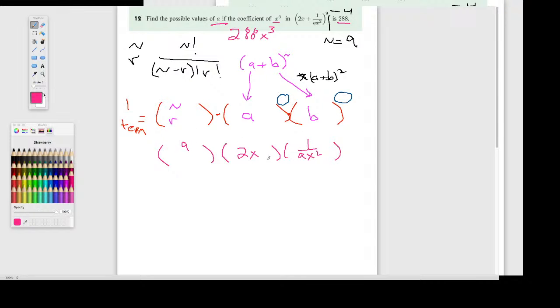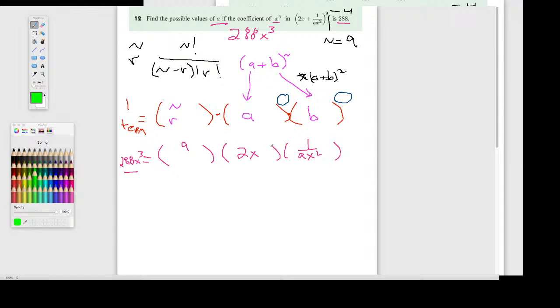This 3 bracket, I told you, has to count as one term. So what term does it equal to? Of course, this should be our 288x cubed term. That's what they're trying to find, okay? If you're okay with this so far, this here is equal to whatever this becomes here.